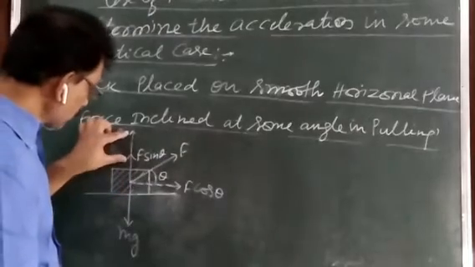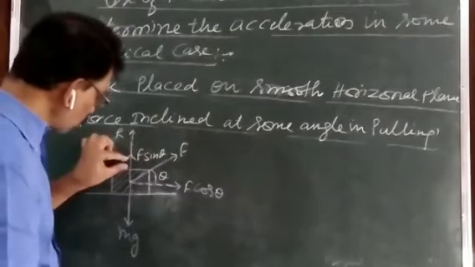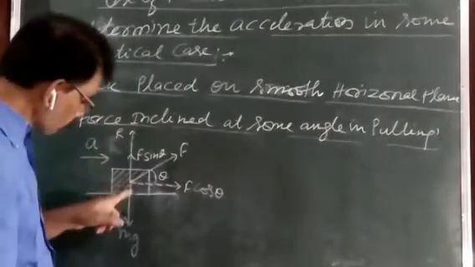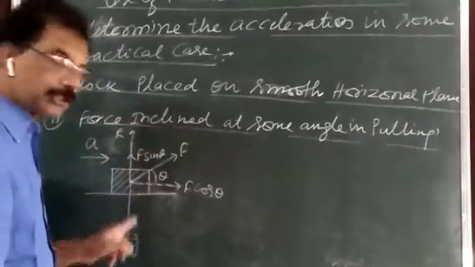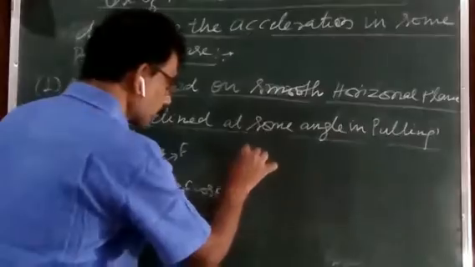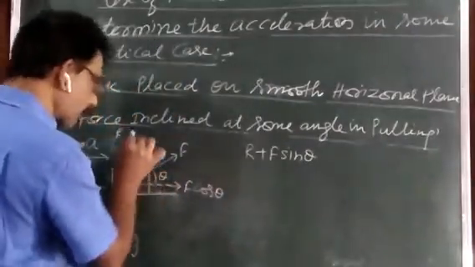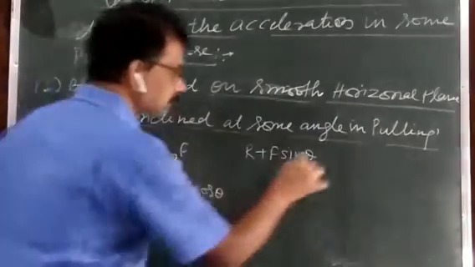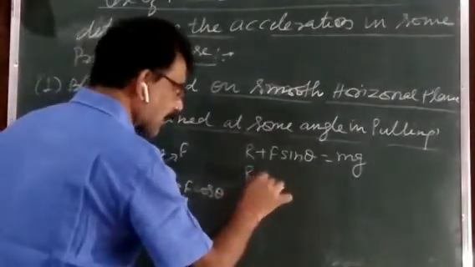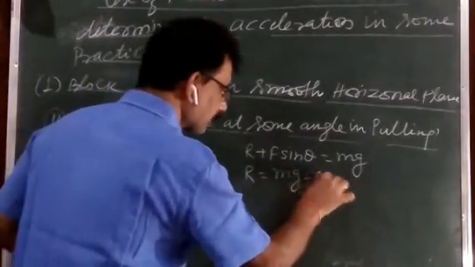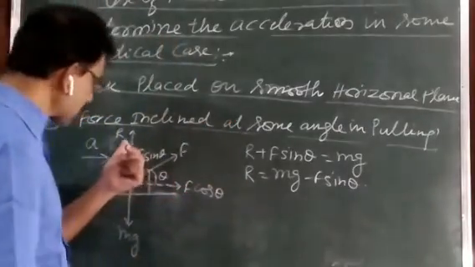This means the total upward force, R plus F sin theta, is balanced by mg, because the block is neither going up nor down. So R plus F sin theta is equal to mg, or you can say R is equal to mg minus F sin theta. In this way you can find the normal reaction R.